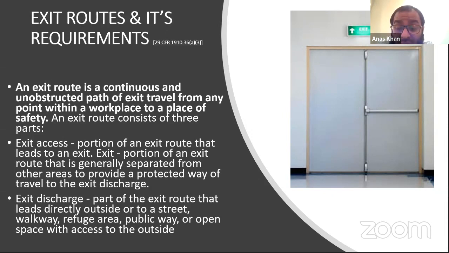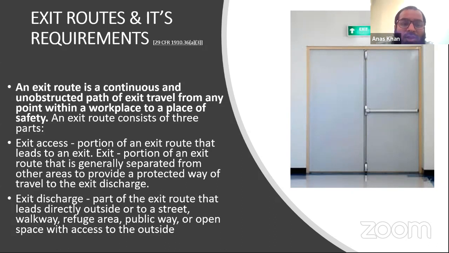Because when you are inside, you are under emergency now. Maybe there is a fire, a gas leakage, or some other kind of emergency. And when you are at the exit discharge, you are safe because you are outside of the emergency. Maybe you are at the emergency assembly point, on the road, in an open ground, or in the car parking in the open ground.